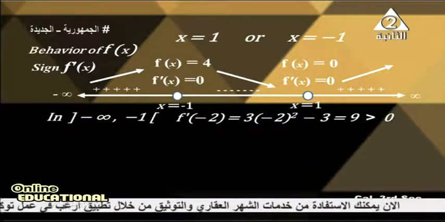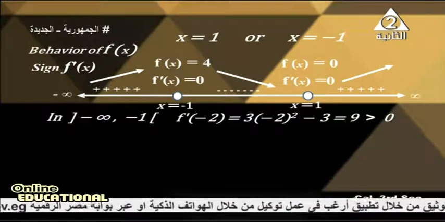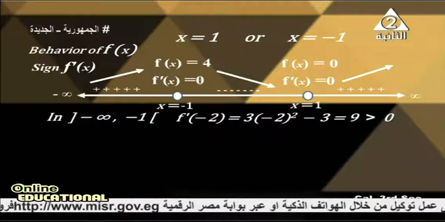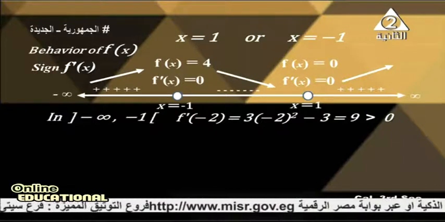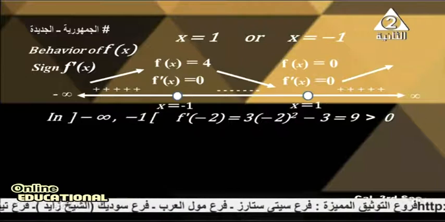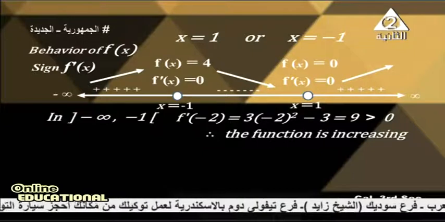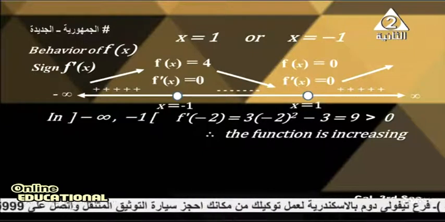Then f dash negative 2 equals 3 multiply negative 2 power 2 minus 3, which equals 9. 9 is a positive value. Then the function is increasing in the open interval negative infinity and negative 1.